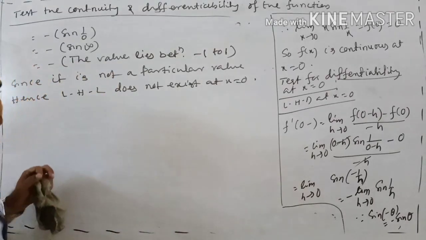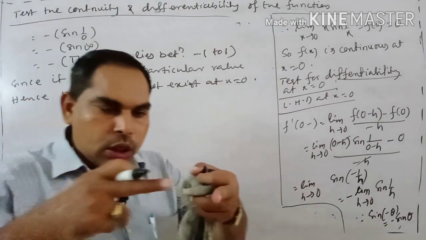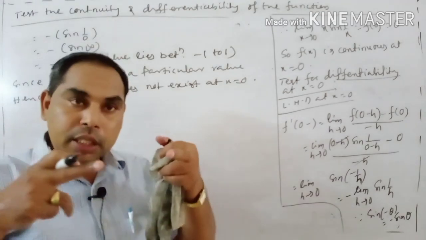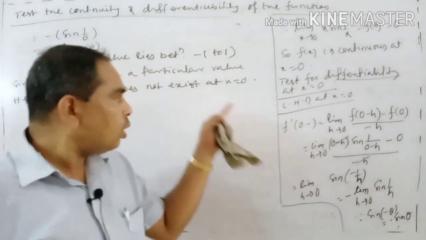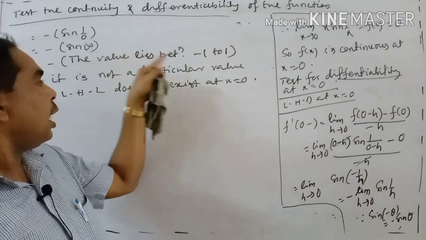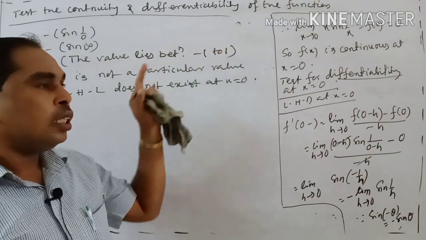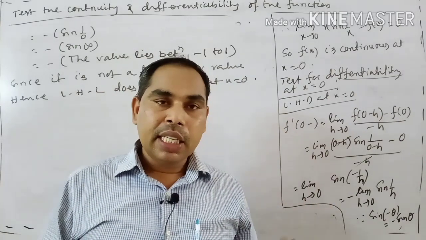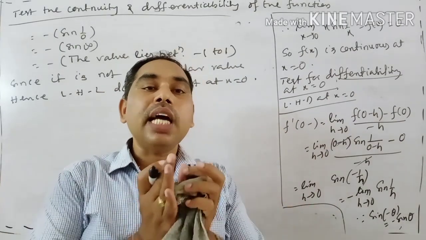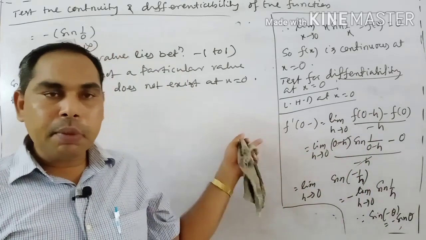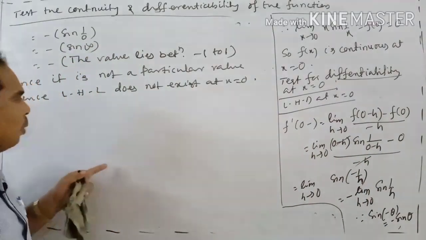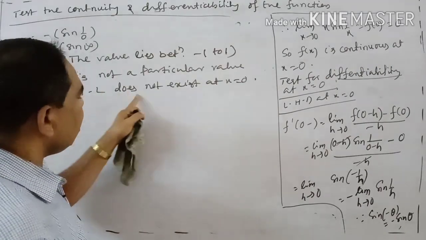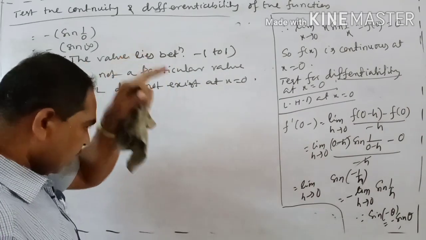Limit exists means the limit always converges to a single point. So here the value lies between minus 1 to plus 1, meaning infinitely many points are there. Hence the limit diverges. Therefore the limit does not exist; LHL does not exist at x is equal to 0.